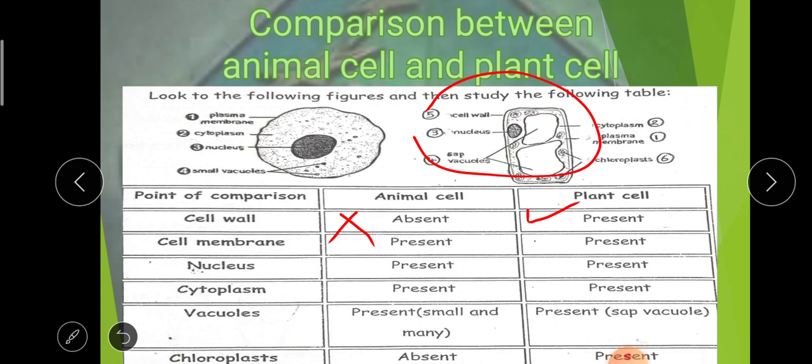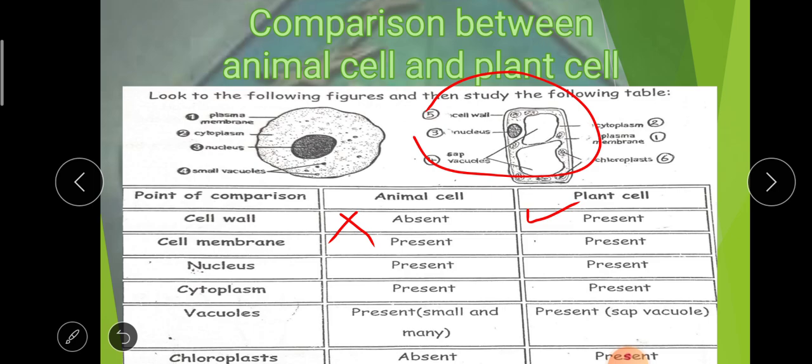But the shape of the animal cell is what? Indefinite. So the animal cell has an indefinite shape and the plant cell has a definite shape. Give reasons: because the animal cell has no cell wall, but the plant cell has a cell wall.